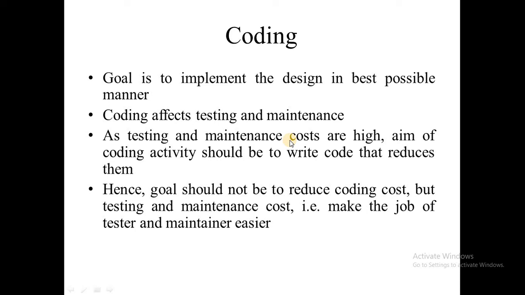So this is the concept of coding. Coding means writing instructions using any suitable programming language, and it has two goals: implementing the design specified in the design document in the best possible manner, and not affecting the testing and maintenance phases.